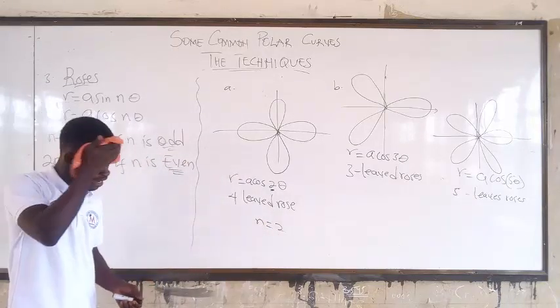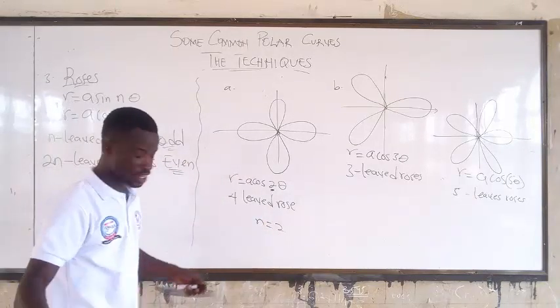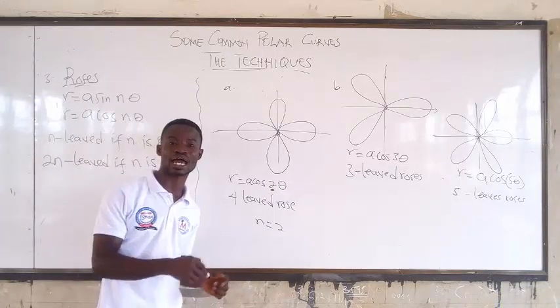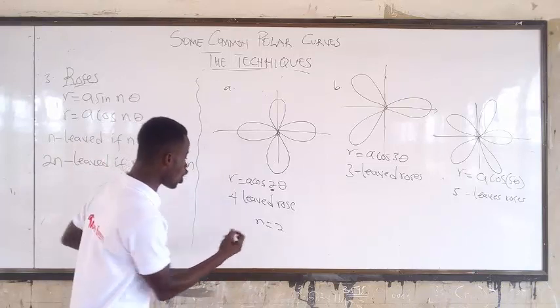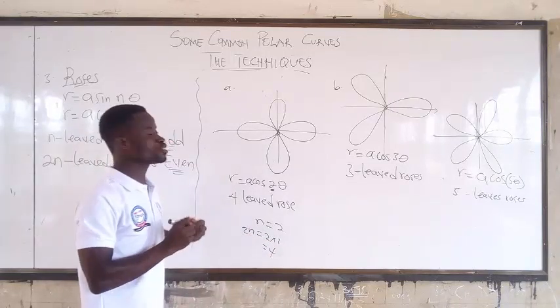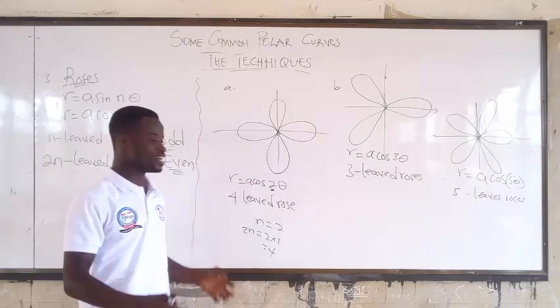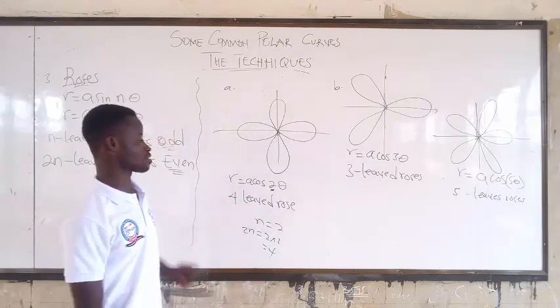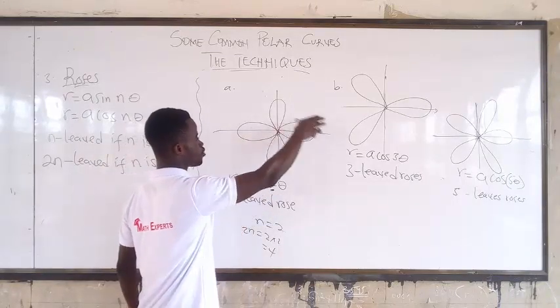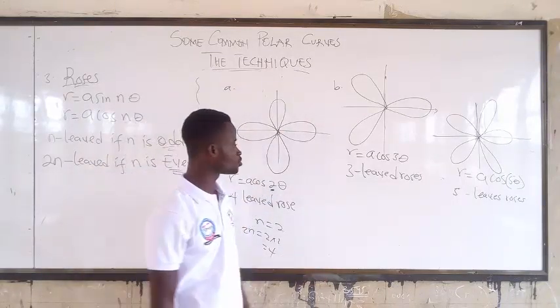Even. So if it's even, you have to multiply by 2. So 2n gives you 2 times 2, and that is 4. So you are going to get 4 leaves. One will be here, one there, one there, one there. That's how it's going to be.